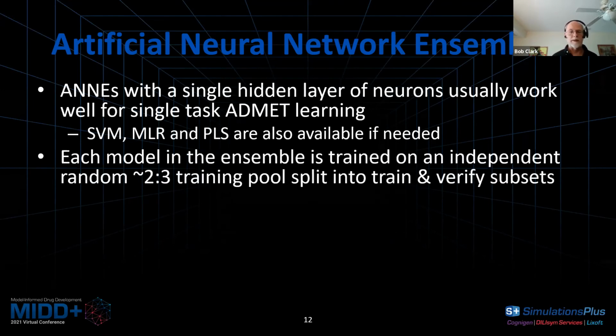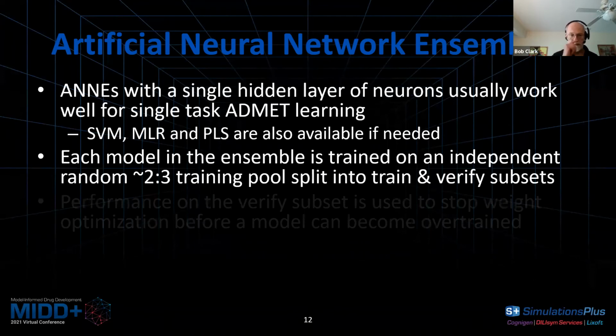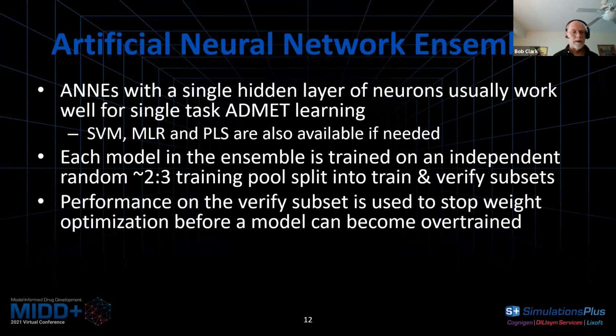Each model in the ensemble is trained on an independent random two-thirds training pool split into train and verify sets. You can think of this as a sort of deep cross-validation if you want. And performance on the verify subset is used to stop weight optimization before a model can become overtrained.